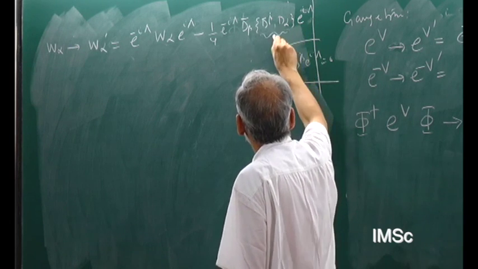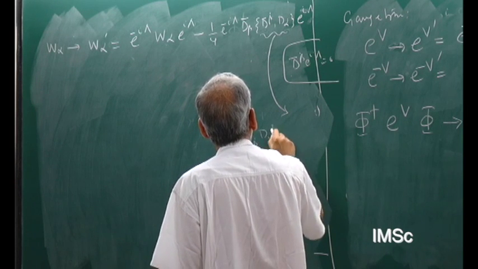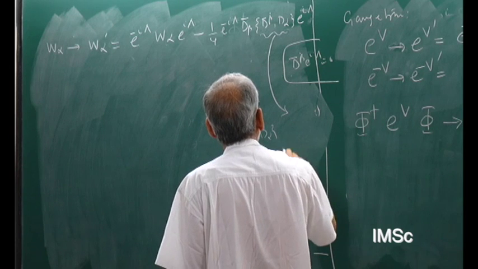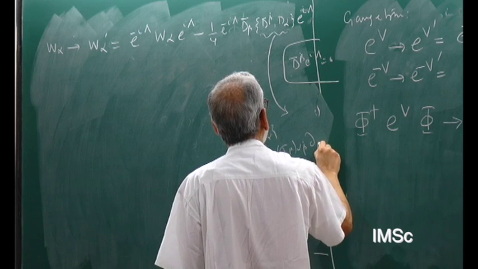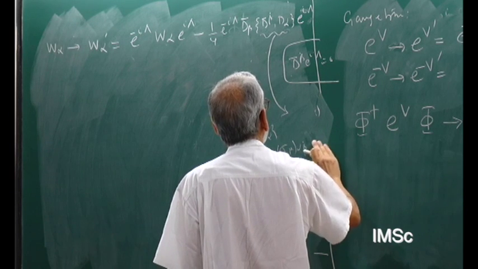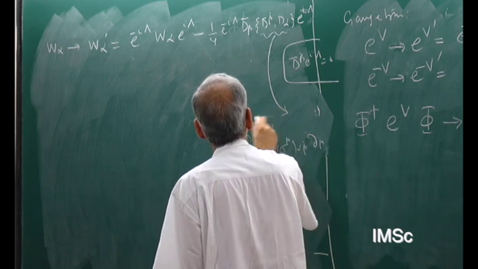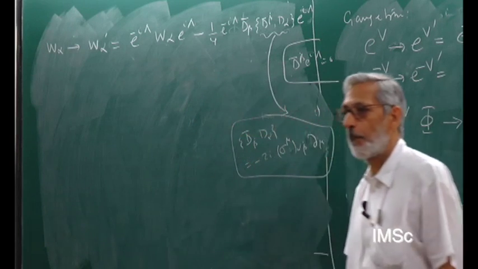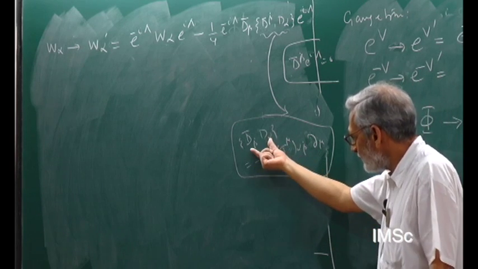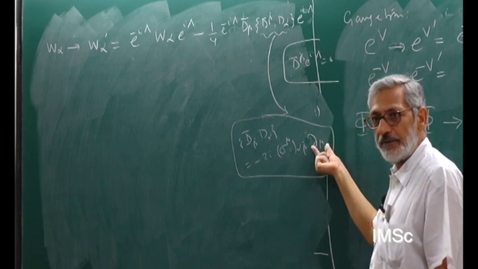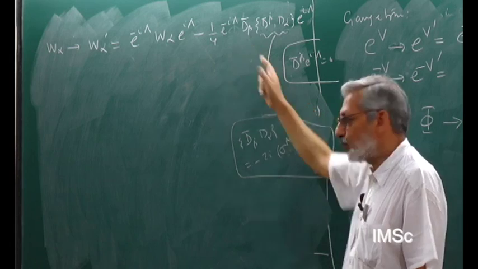But then this object, we know d bar beta dot d alpha anti-commutator is minus 2i sigma mu alpha beta dot d mu from the algebra. Which means this commutator is essentially an ordinary derivative. Now d bar commutes with ordinary derivative.